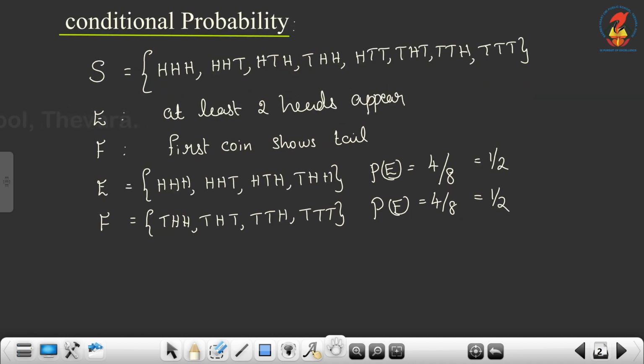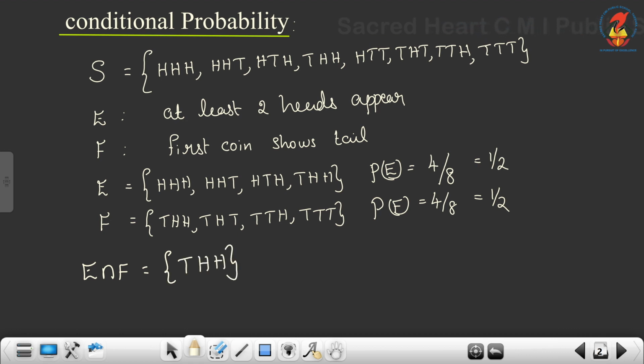E intersection F, any common element? E intersection F is equal to common element HHT, THH. This one THH. So common element is THH. So what is P of E intersection F? P of E intersection F is 1 out of 8.